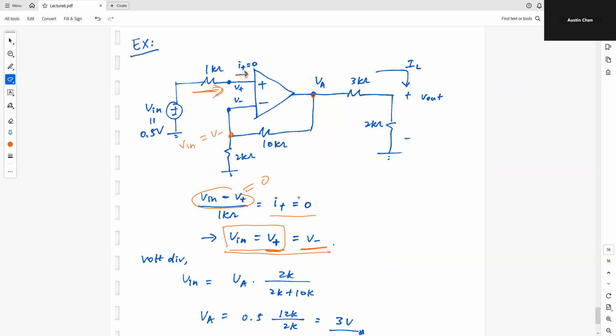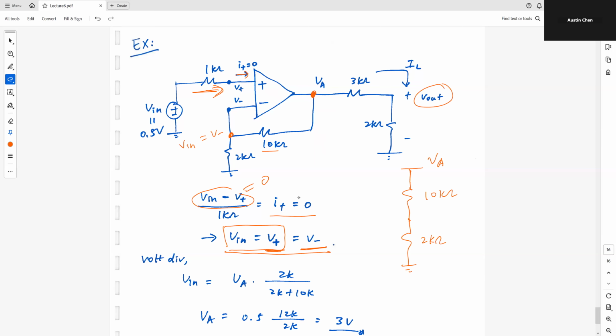If I wanted to find VA, the reason I wanted to find VA is so that I can later on find V out. But before then, we need to first find VA. To find VA, you can go through your nodal analysis, no problem. One easier way is by inspection. Suppose this is my VA, and I have this resistor, 10K ohm, and then another resistor, 2K ohm, and then a ground.